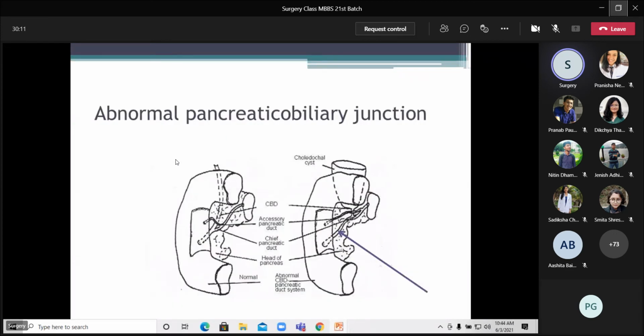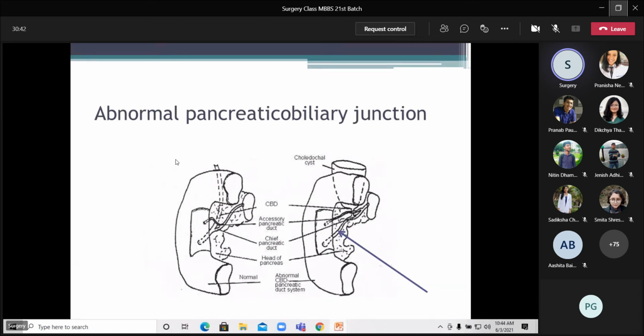So you can see the abnormal pancreatico-biliary junction, APBJ. Can you see that? Before it drains, both the ducts combine and drain into the second part of the duodenum, and there will be some problem. Can you see in the second picture, the distal part of the common bile duct has developed a choledochal cyst in the proximal part.